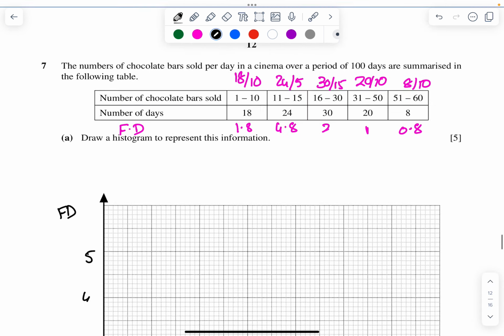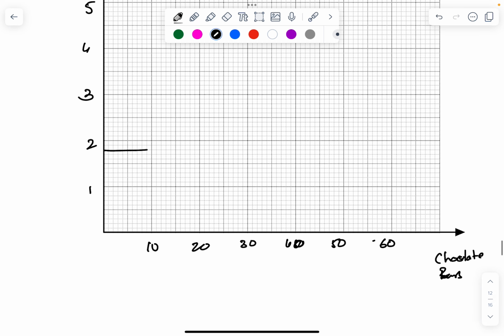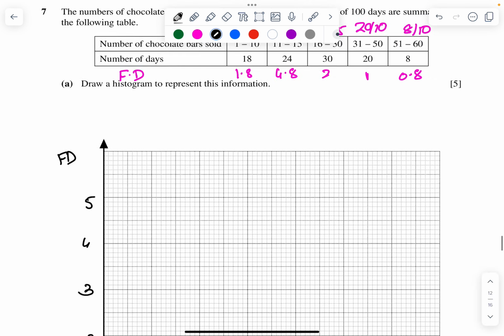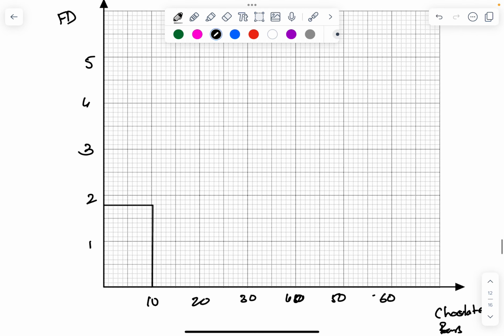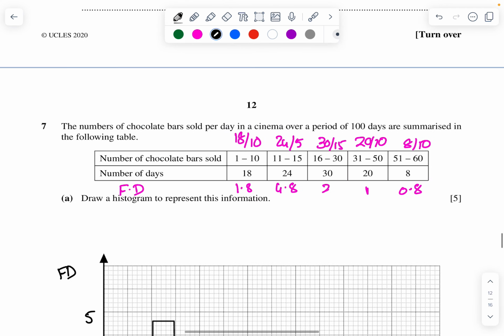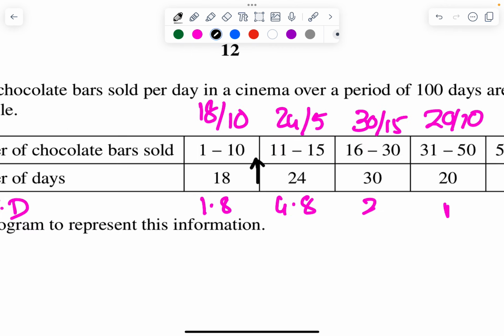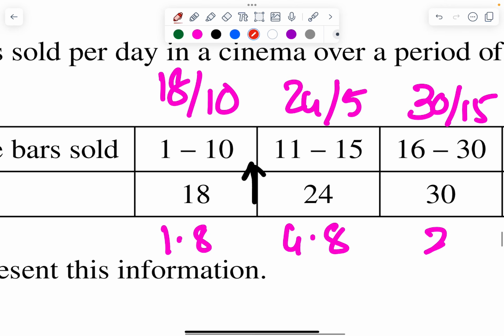Now 1 to 10 is 1.8. Then 11 to 15 is 4.8. But we have seen that between 10 and 11 there is a gap. So what I am supposed to do is make this 10.5 and this 0.5.